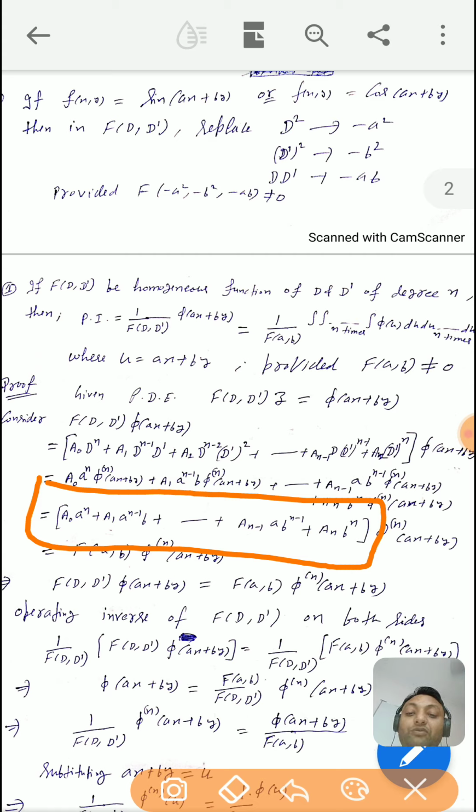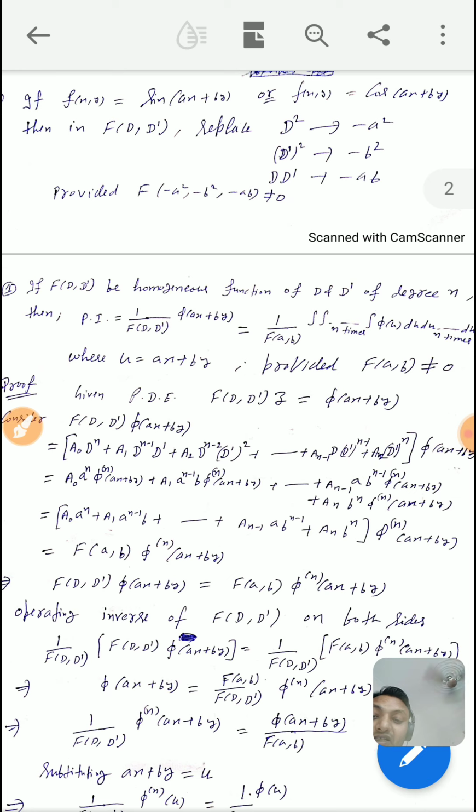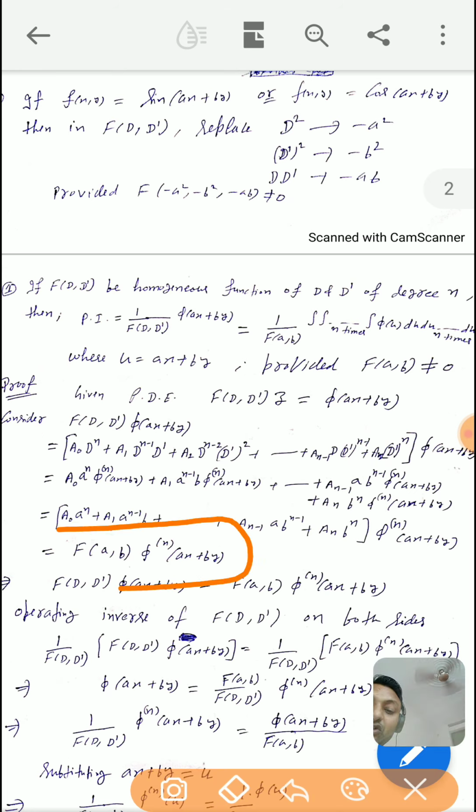So in f of D, D dash, when we replace D by a and D dash by b, we get this expression. So this can be written as f of a, b. We write it again: this is further equal to f of a, b times the nth derivative of phi with respect to ax plus by.